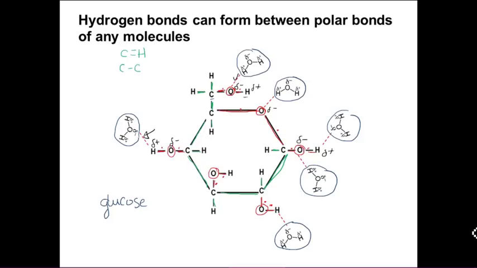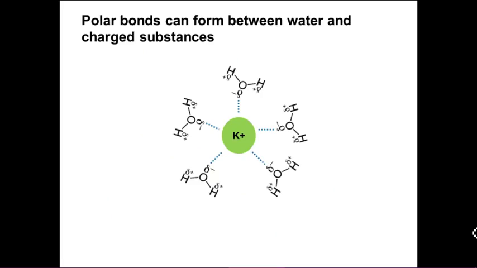Another thing is that polar bonds, oh, it should say hydrogen bonds, does it? Okay, good. Phew. This should say hydrogen bonds. Sorry about that. So hydrogen bonds can also form between water and charged substances.